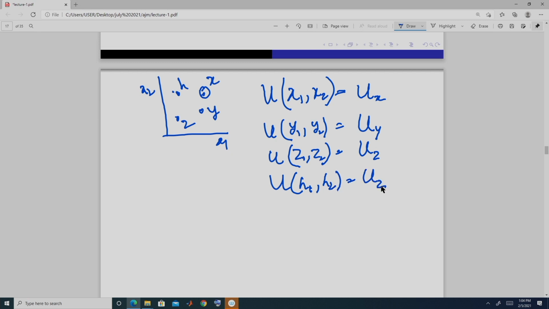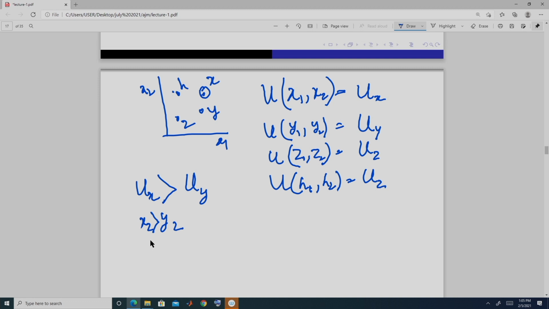Now here, based on monotonicity, we can say that utility of x is greater than utility of y. Why? Because x2 is greater than y2, whereas x1 in both cases is the same.